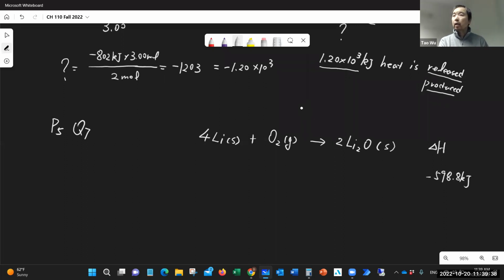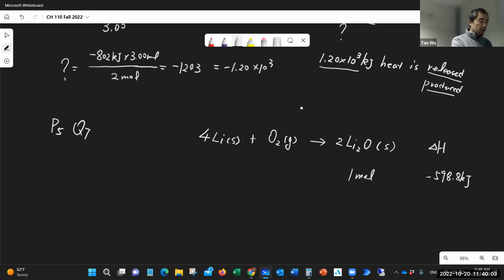So what does that mean? We're not talking about lithium, and we're not talking about oxygen. Here we're talking about the product. We're producing that much heat if we form 1 mole of lithium oxide. That is the relationship.